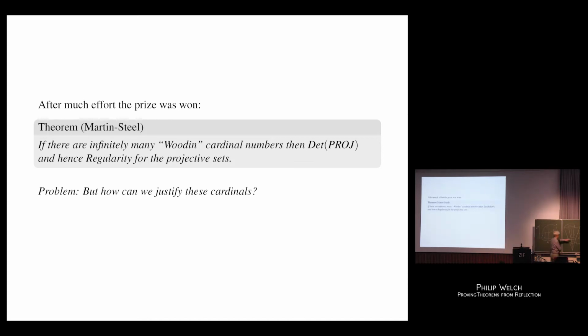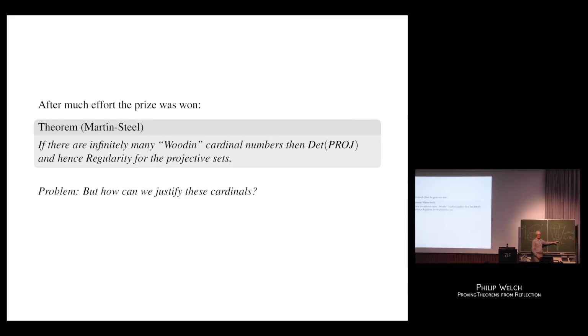And again, this went level by level. If you had something like n of the gadgets, you can get determinacy for n many iterations of complement and projection. So the existence of these cardinal numbers solves those problems about P1 to P5 and the Banach-Tarski and things for the projective sets.